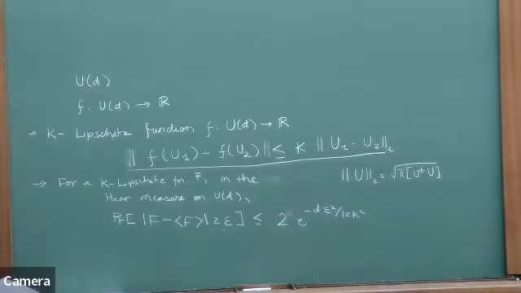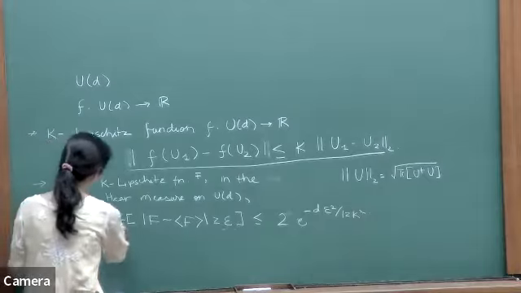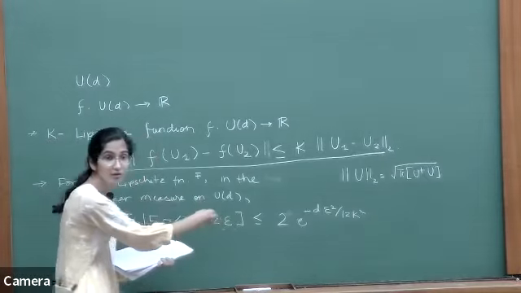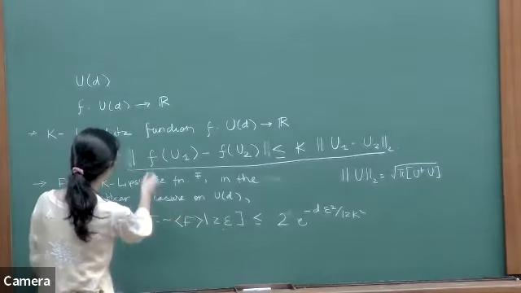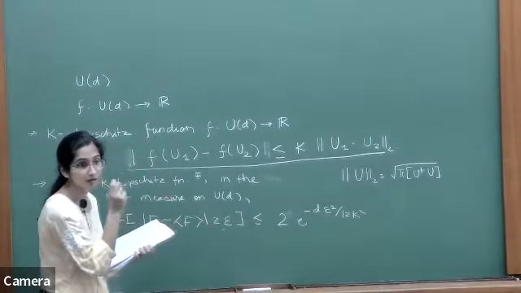But I don't seem to get that. Sorry, what is this probability? The probability is over different choices of U. So F is a function of U. Okay, now I understand.